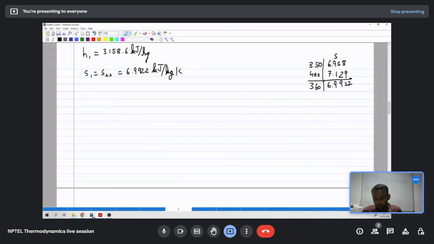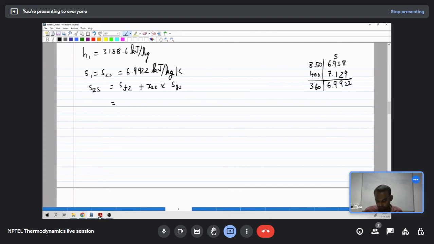So we have S2s is equal to Sf2 plus the steam dryness fraction for the ideal turbine, multiplied by Sfg at the second state.